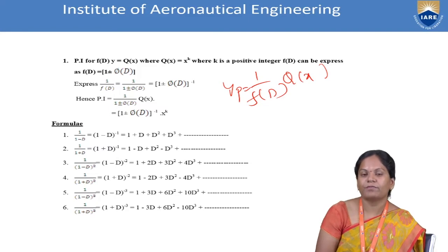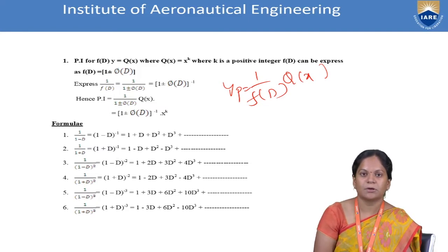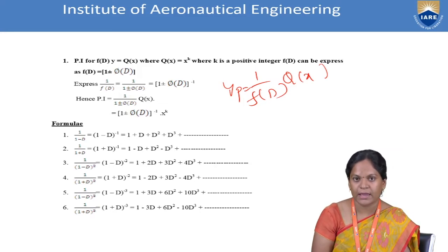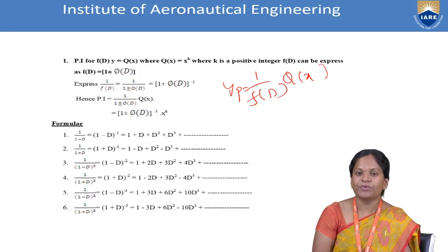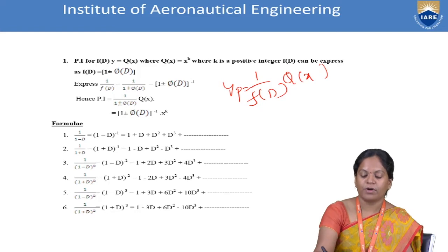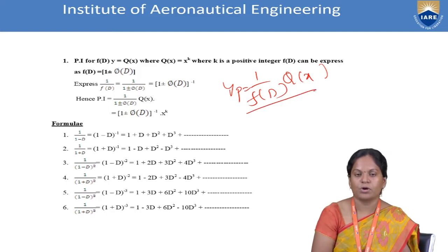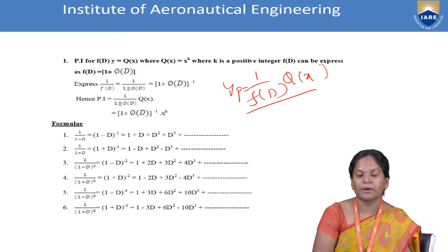So how can we solve this particular integral where Q of x equals x power k? Generally the particular integral is 1 by f of D into Q of x, where f of D is the operator form of the given differential equation.